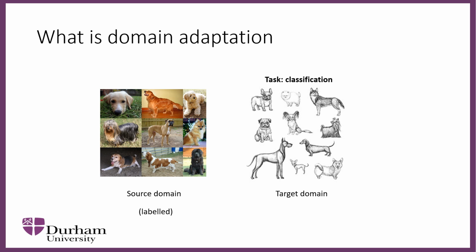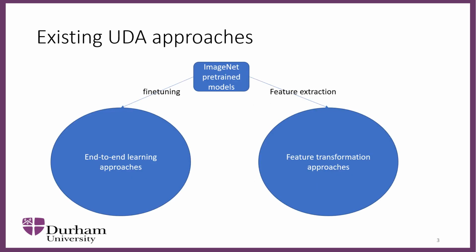Existing approaches to unsupervised domain adaptation can be categorized into two groups: end-to-end learning approaches and feature transformation approaches. In existing works, both groups of approaches take advantage of pre-trained models on large image datasets, such as ImageNet or other even larger datasets.